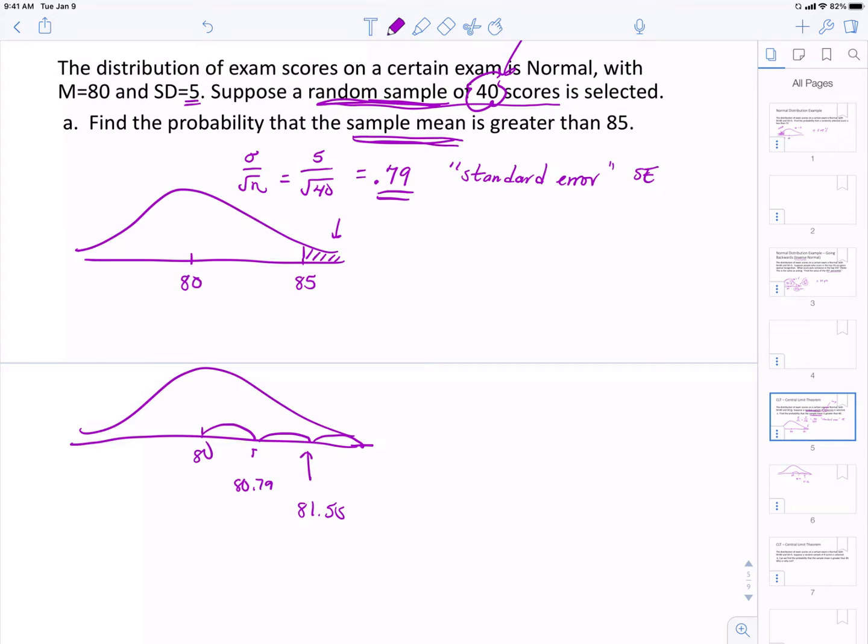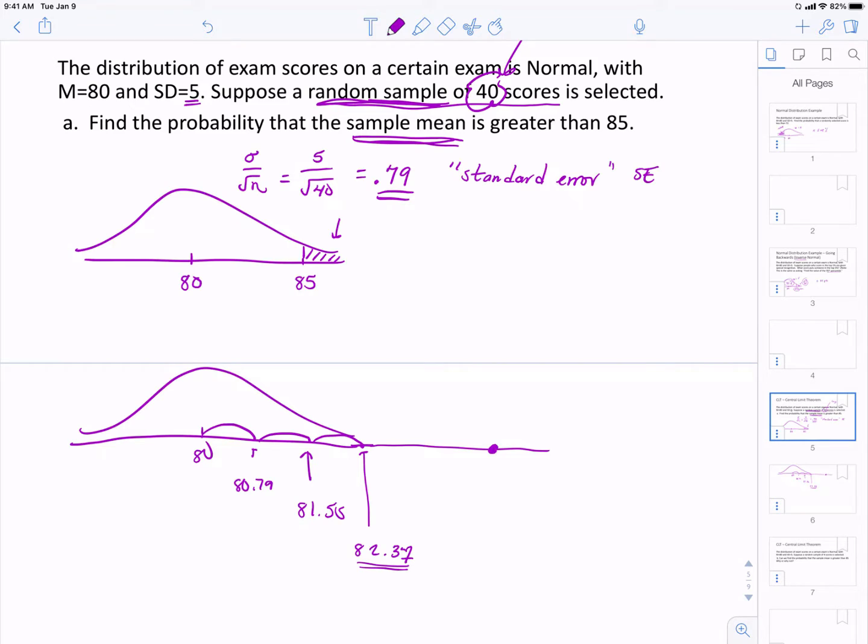Now, you don't have to do this. I'm just drawing you a picture so that when we go to the next screen and we get our answer, it's not going to be surprising to you. So 3 standard deviations, in this case standard errors, from our mean is only at 82.37. So 85 is way out here.